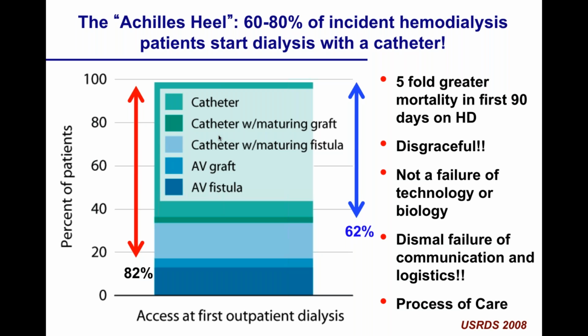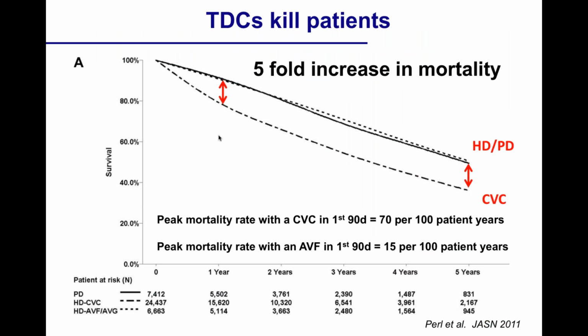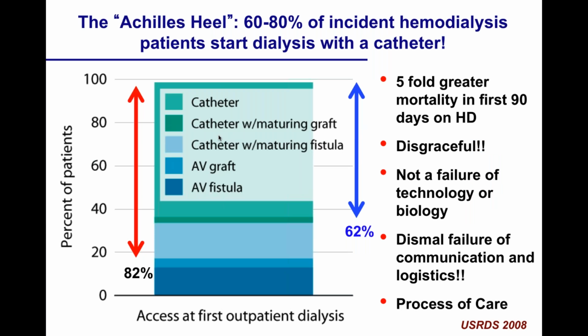The reason that this is important is that there's a lot of data which shows a very significant increase in mortality in patients starting dialysis with a tunnel dialysis catheter as compared to patients starting dialysis with a fistula or starting on PD. And I would argue very strongly that this up to a 5-fold increase in mortality in the first 90 days in particular is a disgraceful statistic.